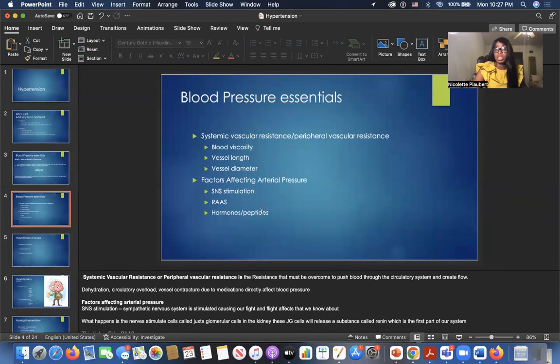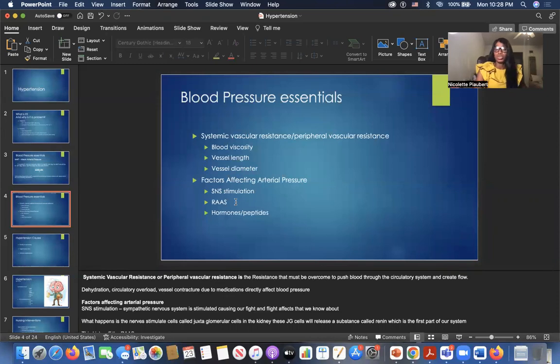Factors that affect arterial pressure: SNS, the sympathetic nervous system, which causes stimulation, fight and flight, oh my gosh, anxiety. RAS system, which causes aldosterone to increase or decrease, which causes salt to increase or decrease, and water follows salt, so that increases or decreases fluid. And then we also have angiotensin, which comes from angiotensin 1, which came from renin.